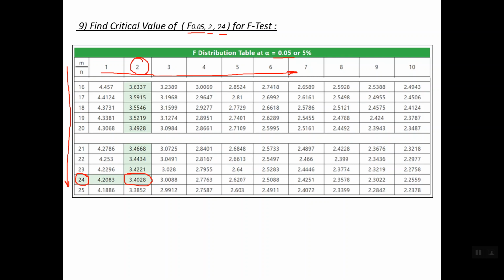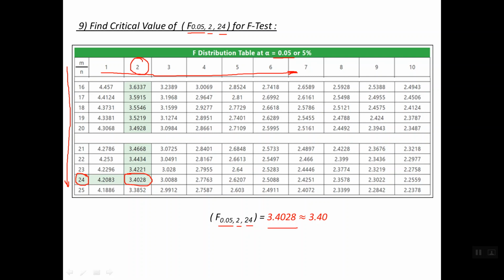This is the value of the critical F. So the value of critical F for significant level 0.05 and degree of freedom between groups in the numerator equal to 2, and the degree of freedom within groups, which is the denominator, equal to 24, is equal to 3.4028.